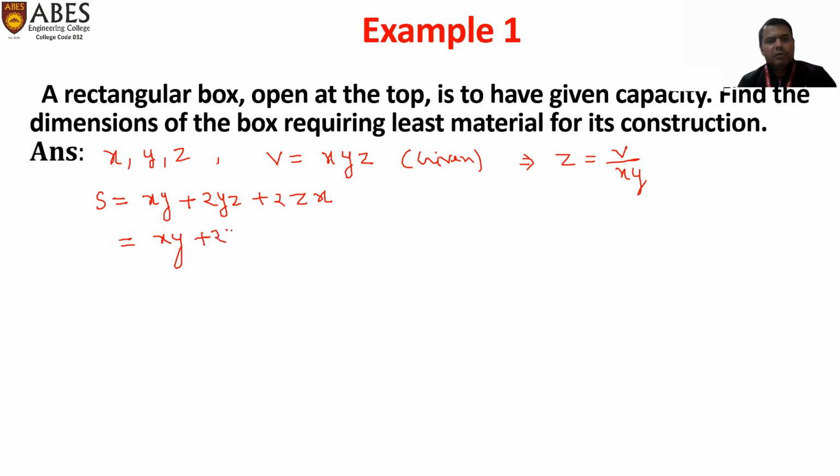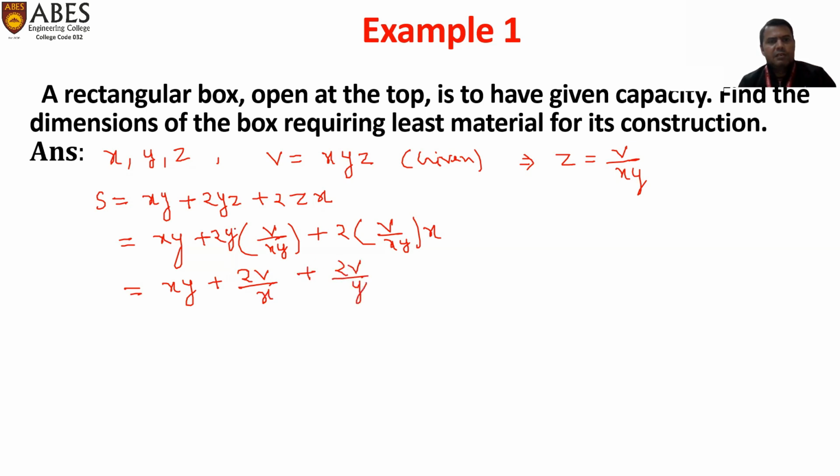We put the value of z, that is V upon xy, so we get xy plus 2V upon x plus 2V upon y. We cancel y and x. So we get S in terms of x and y.